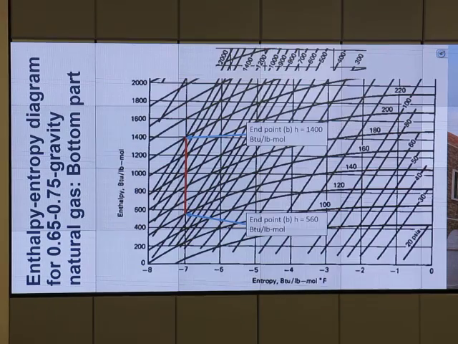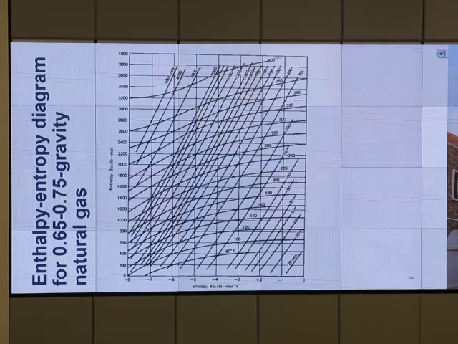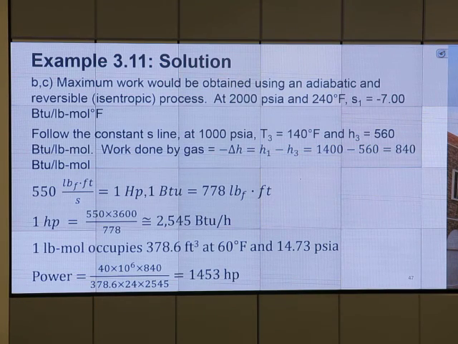Okay, just that. So the next one is, what is the maximum work that could be derived from this expanding gas stream without use of heat? So how much work can we get? For question B, maximum work would be obtained using an adiabatic and reversible, or isentropic, process. So that would be the maximum theoretical work.